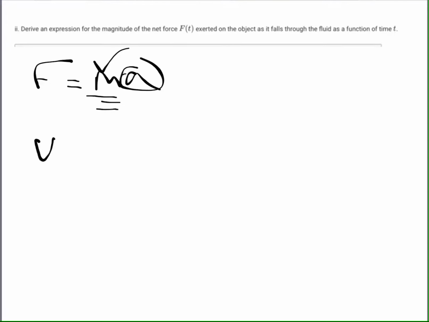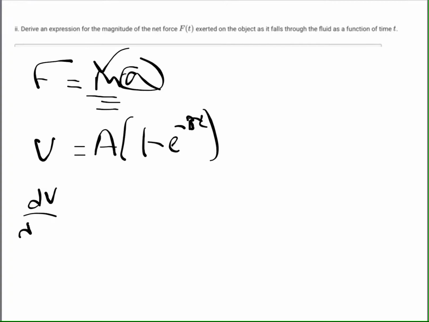So if we have a velocity, which they gave us in the beginning, the velocity was a times 1 minus e to the negative bt. And we have to do the derivative of this, dv/dt, to get a.